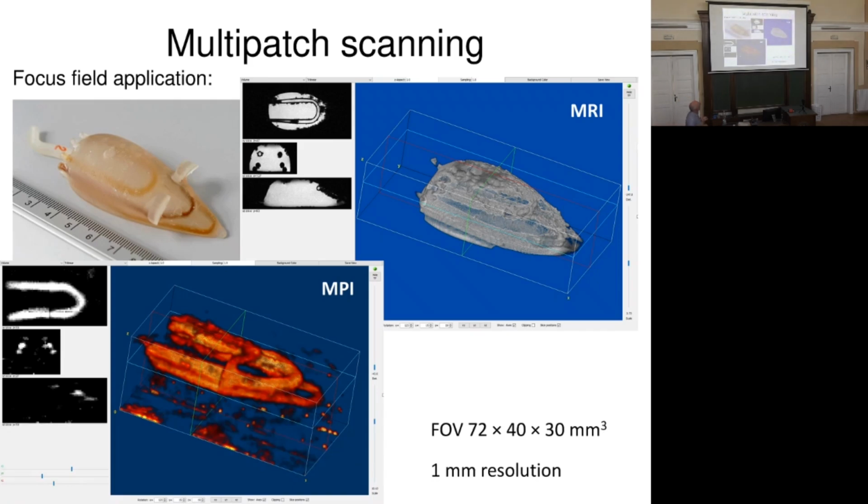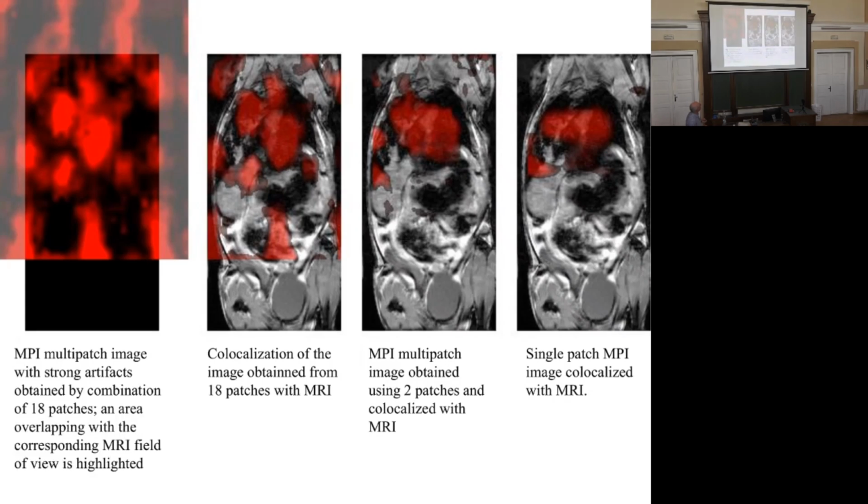And here is a nice example of how it looks. I will show it from the right side. Here is a single patch of MPI, so we are scanning just a small area here. You can see a nice signal from the liver and from the spleen.